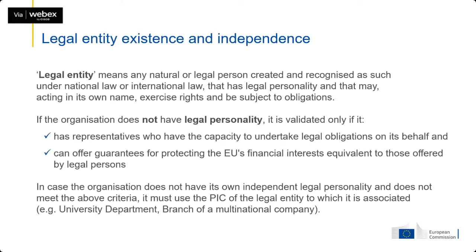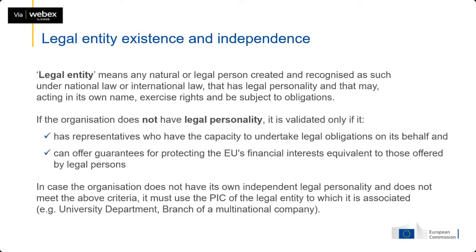However, the financial regulation envisages that not only a legal entity with legal personality can submit proposals and sign grant agreements. There is also the chance for legal entities who do not have legal personality to be validated with their own PIC number. However, there are two prerequisites that need to be met.